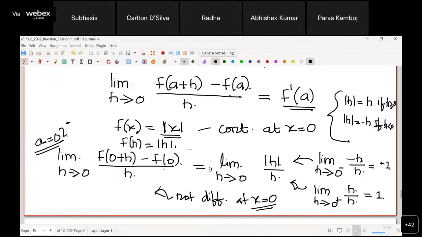What is the left hand limit of this function f of x equal to mod of x at x equal to 0? What is the left hand limit? Zero, right? What is the right hand limit? Zero. So then why is this function not continuous at x equal to 0?